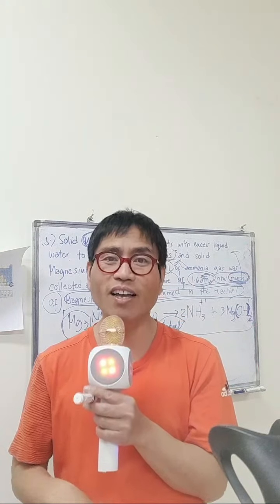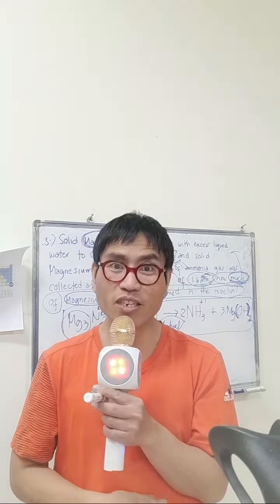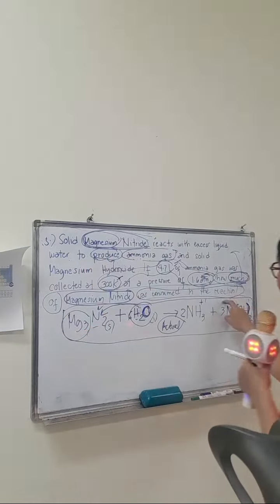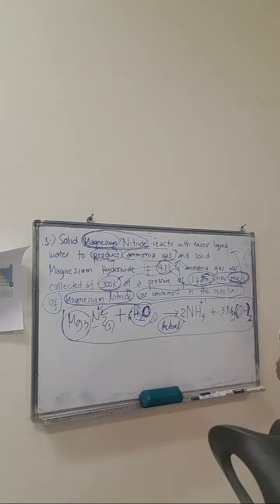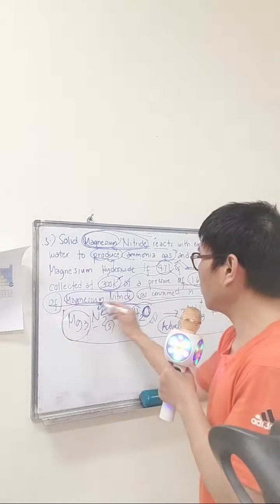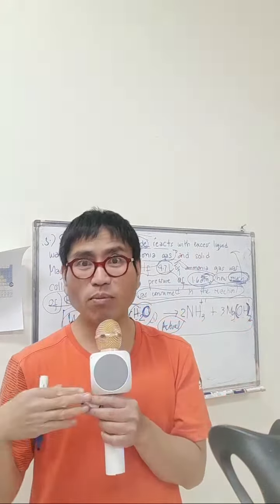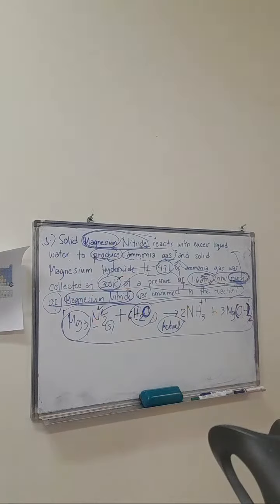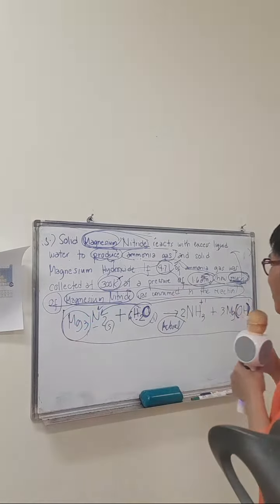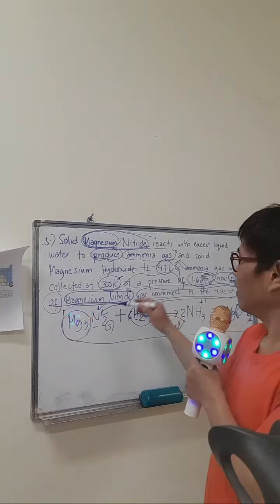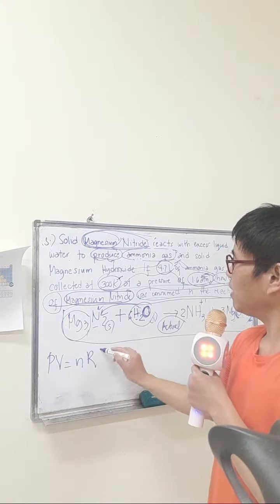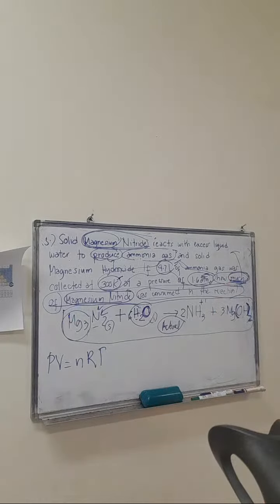For example, if the question in the future is multiple choice, because there's gram, liter, this kind of question, guys, is unsure. See how much of magnesium nitride, so could it be the volume, could it be the mass? So it's a choice. Now PV equals nRT.